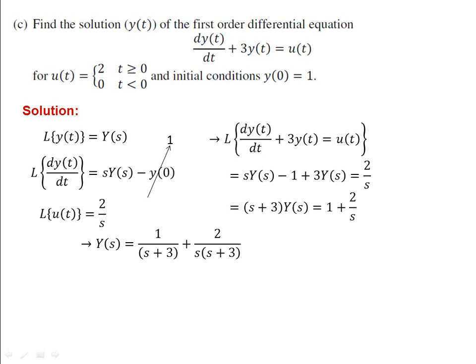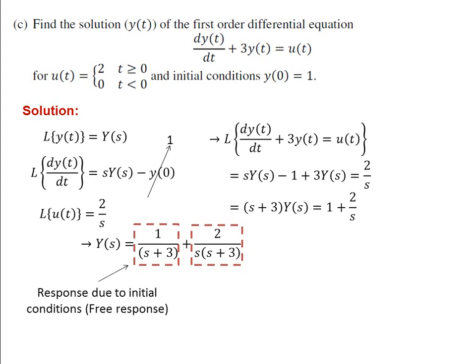The first one is the response due to the initial condition, which is known as the free response. And the second part is the response due to the external force, which is a step function in this case, known as the forced response.